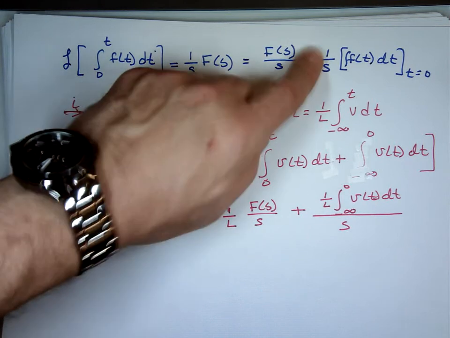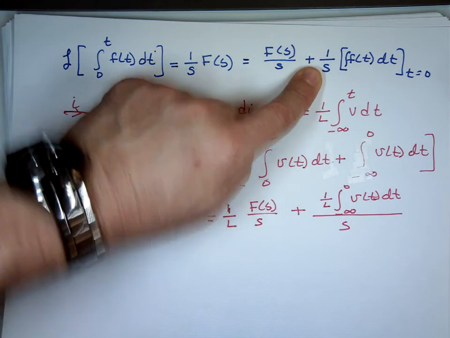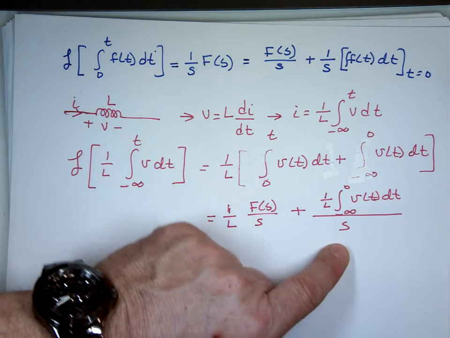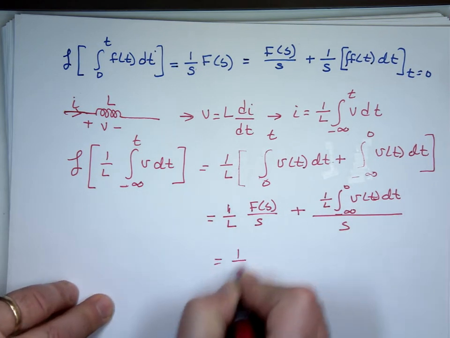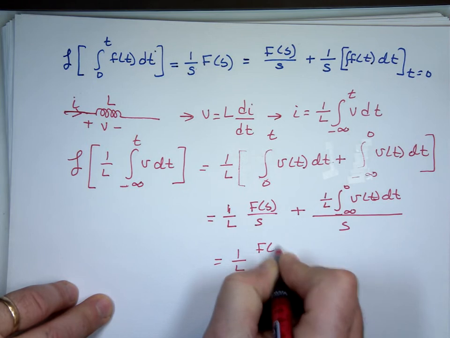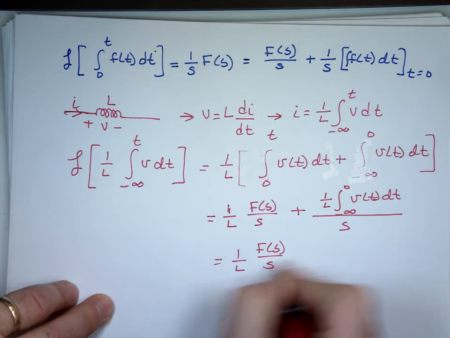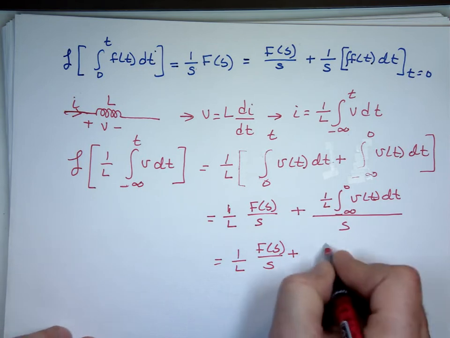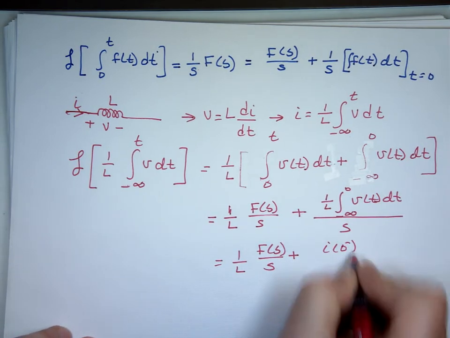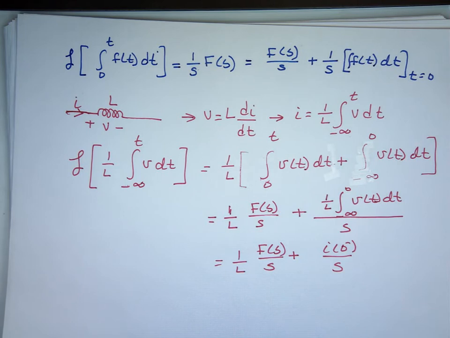See the 1 over s here? This happens to be the current at 0. Plus the current at 0. That's really all I care about, that equation, but that's the math behind it.